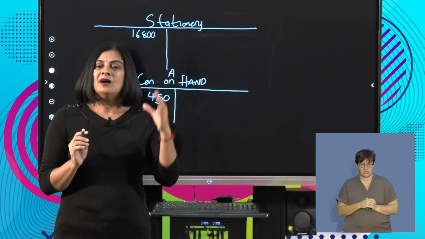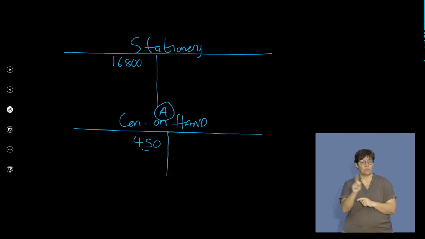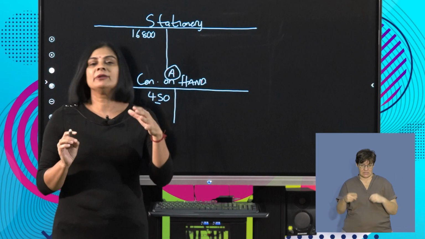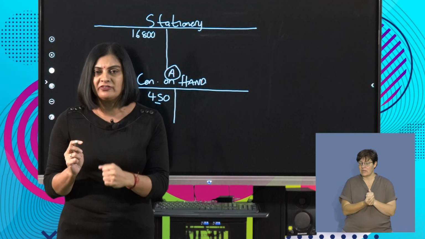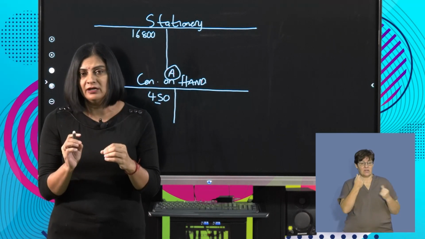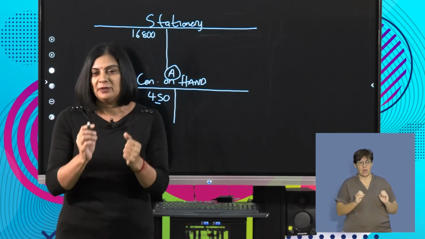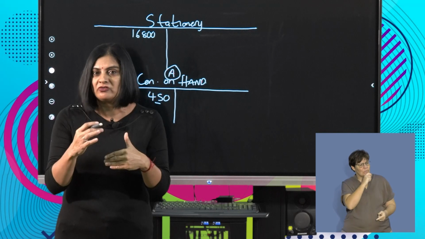Now remember, unused stationery obviously becomes an asset for the business. But this was at the end of last year. Now, if you think about the current financial year, that unused stationery is not going to stay locked up in the cupboard. It's going to get used, right?